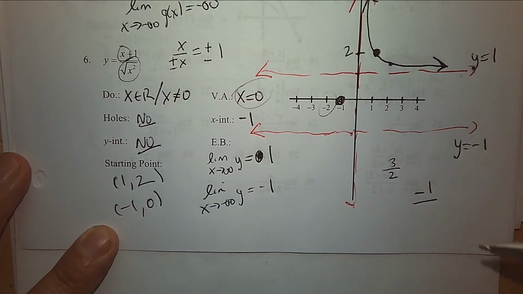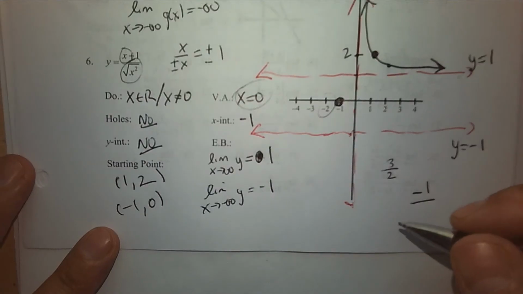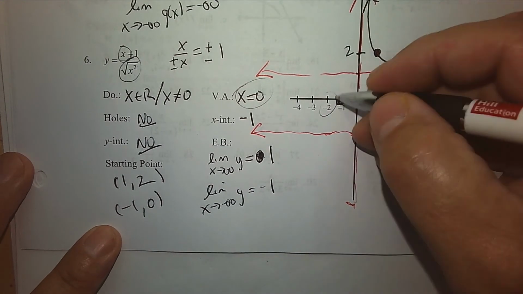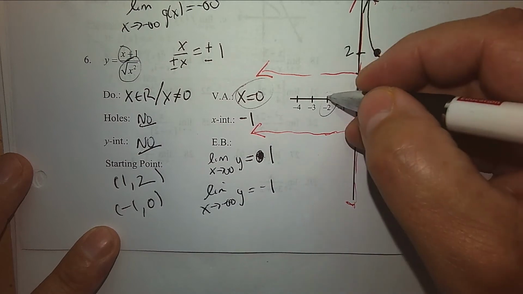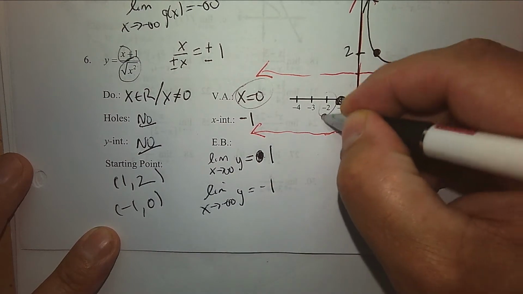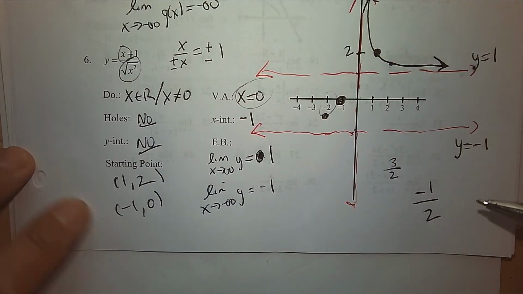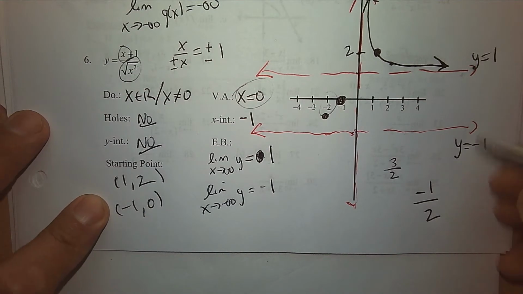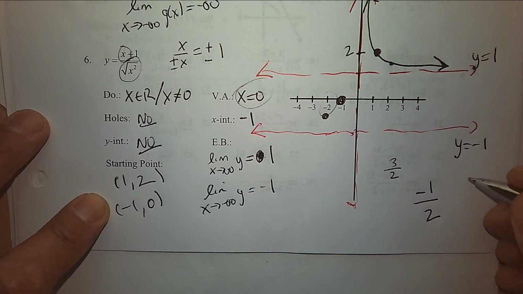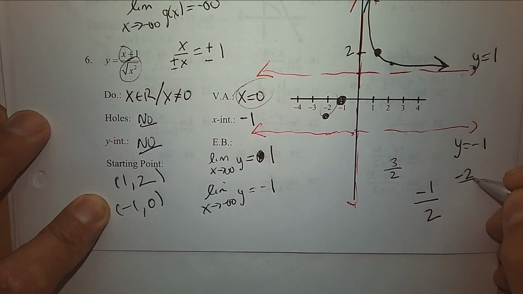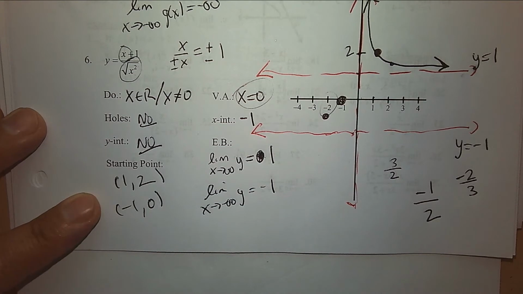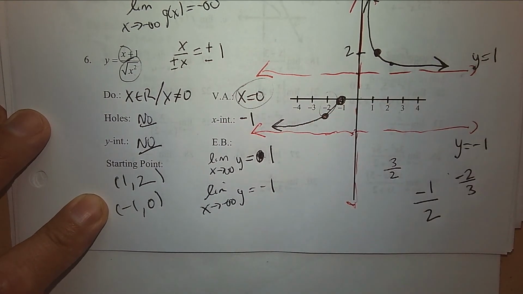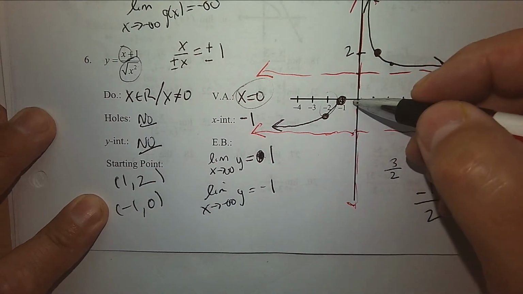And then if I go negative 2 squared and take the square root of it, it's negative 1/2. Where's negative 2? Negative 1/2. What happens when I plug in negative 3? So can you see the direction it's going here? What's happening in between here?